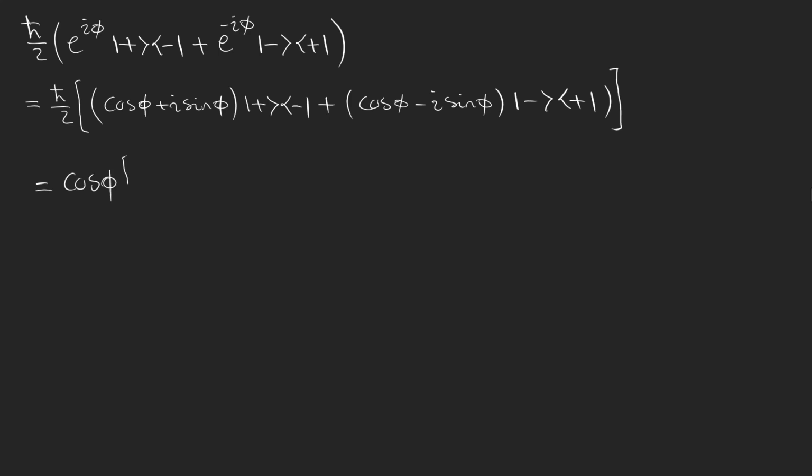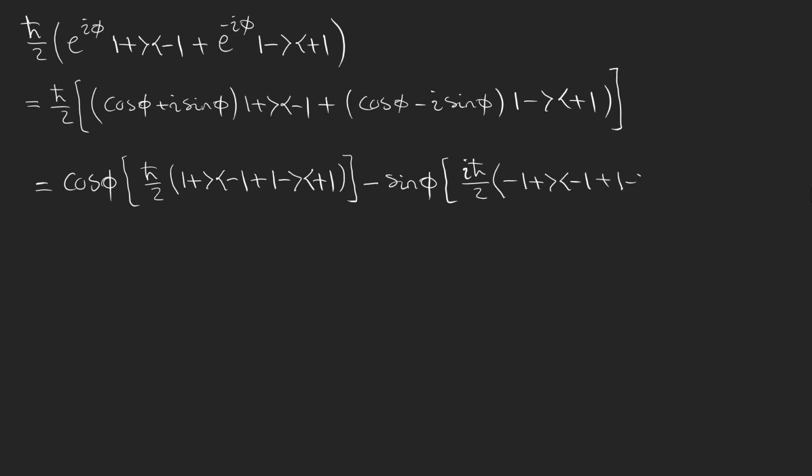If we factor the cosine, we will have this expression, which is an operator in the square brackets. And for the sine part, the expression in the square bracket is another operator. This first operator is the x component of the spin angular momentum, and the second operator is Sy, the y component.